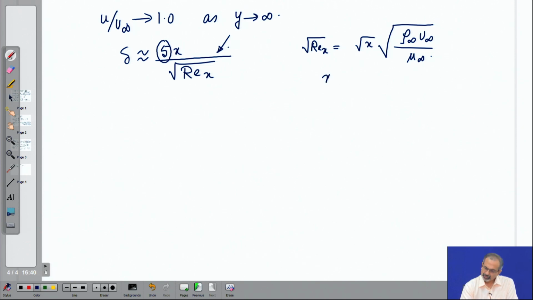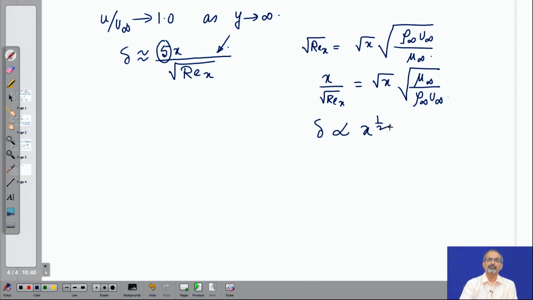So, if you do x by root Rex, then it boils down to root over x into under root mu infinity by rho infinity u infinity, which means that when you go back to this expression, delta must be proportional to square root of x. That means, delta increases with distance by following this law.